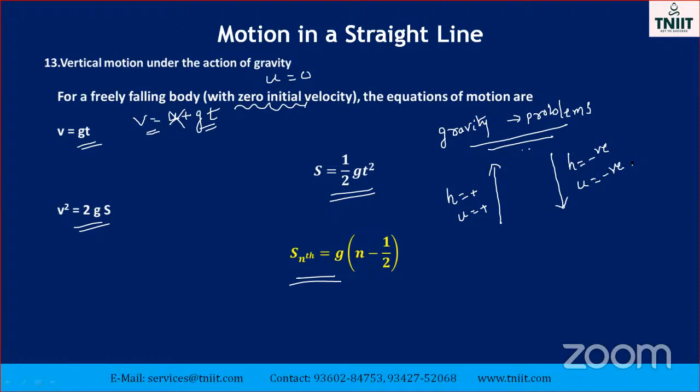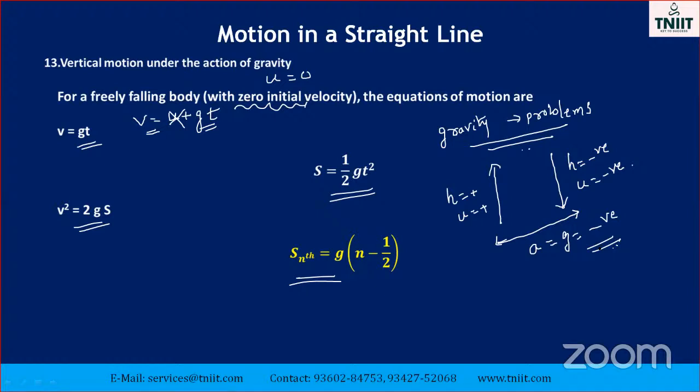So height and velocity are negative if it is coming downward, and height and velocity are taken as positive when it is moving upward. For both cases, please remember the acceleration which you had taken as g should be taken negative. So the value of g is always negative.